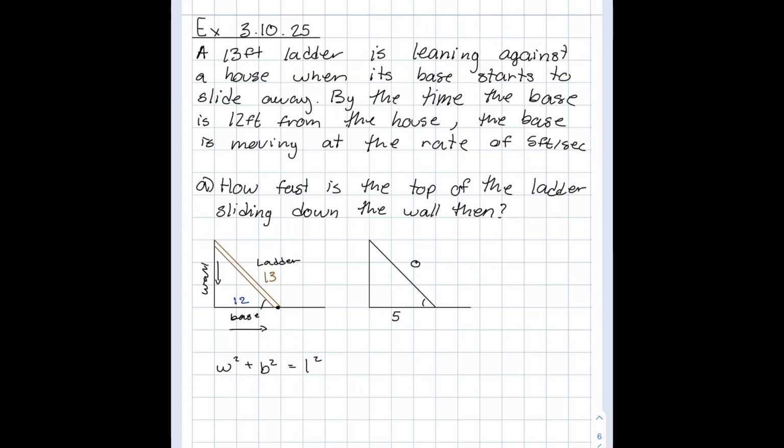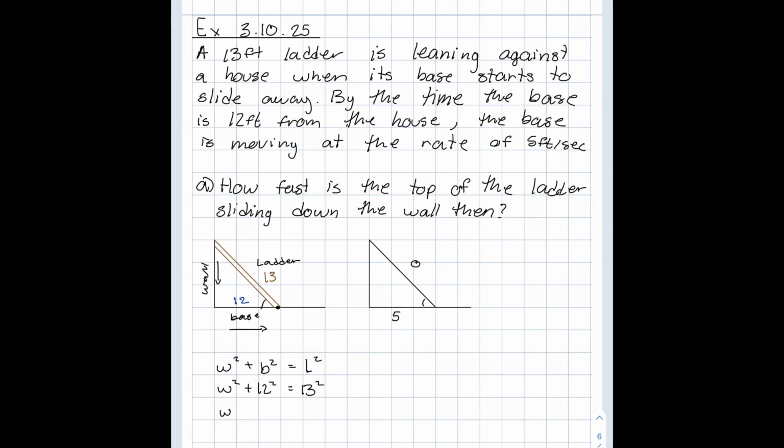So I don't know my wall, but I do know my base. It is 12. And this is 13. This is L squared. I forget what these types of triangles are called, but they're like perfect numbers.